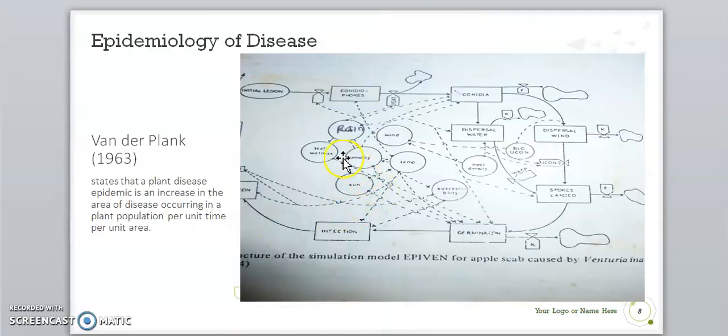So this is epidemiology of disease from Van der Plank. It states that a plant disease epidemic is an increase in the area of disease occurring in the plant population per unit time and per unit area.